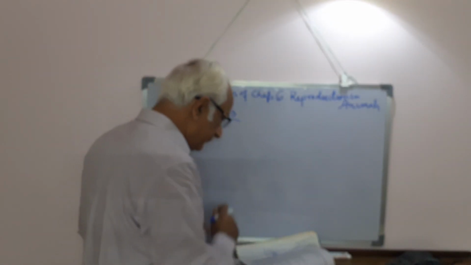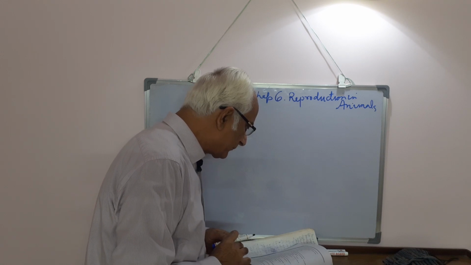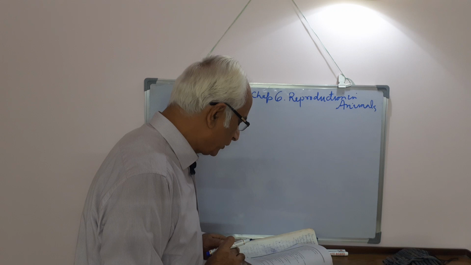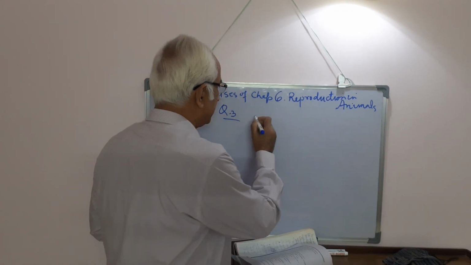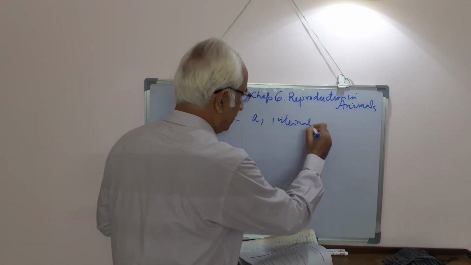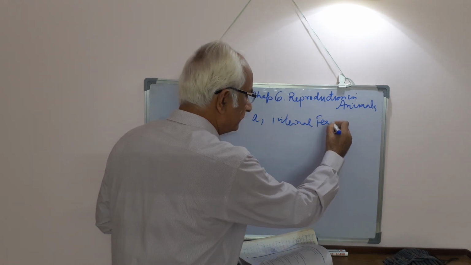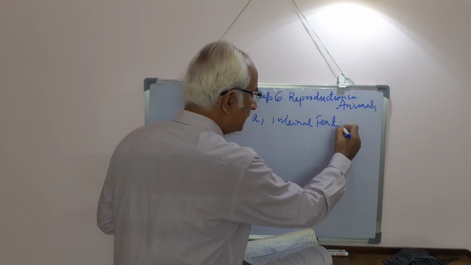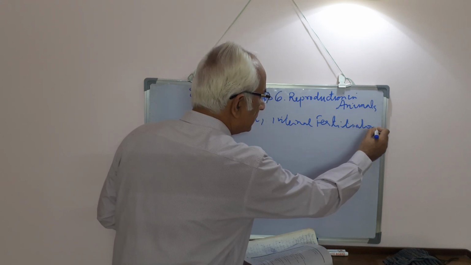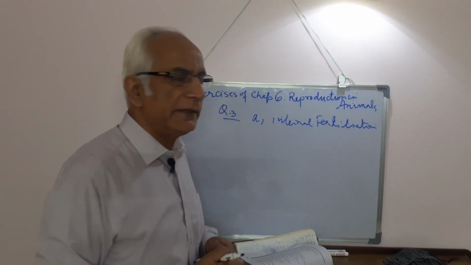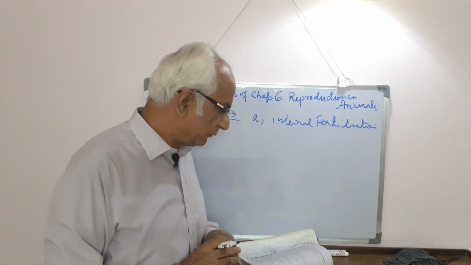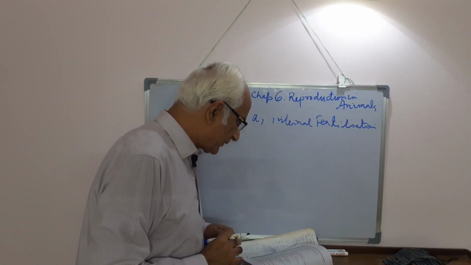Question number 3. We have to choose the correct option. The first part of the question is, what is internal fertilization? Basically, you have to tell where internal fertilization occurs. कहाँ होती है इंटरनल फर्टिलाइजेशन? तो उसके 4 ऑप्शंस हैं.